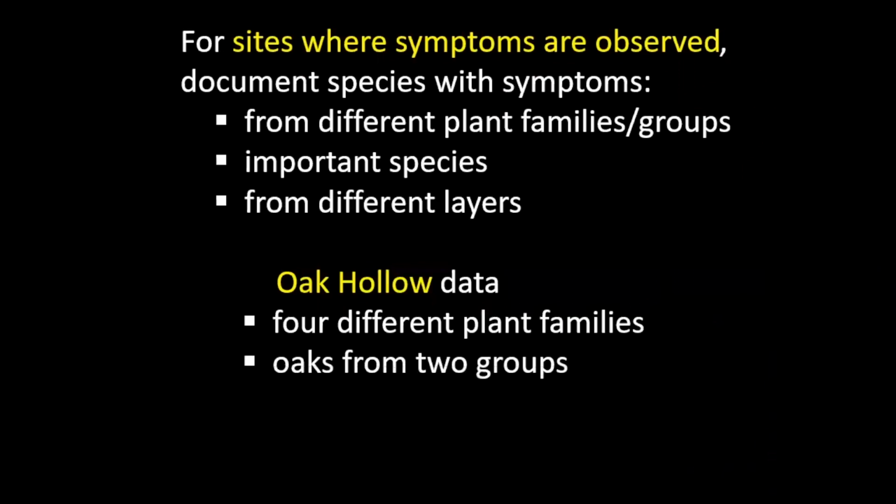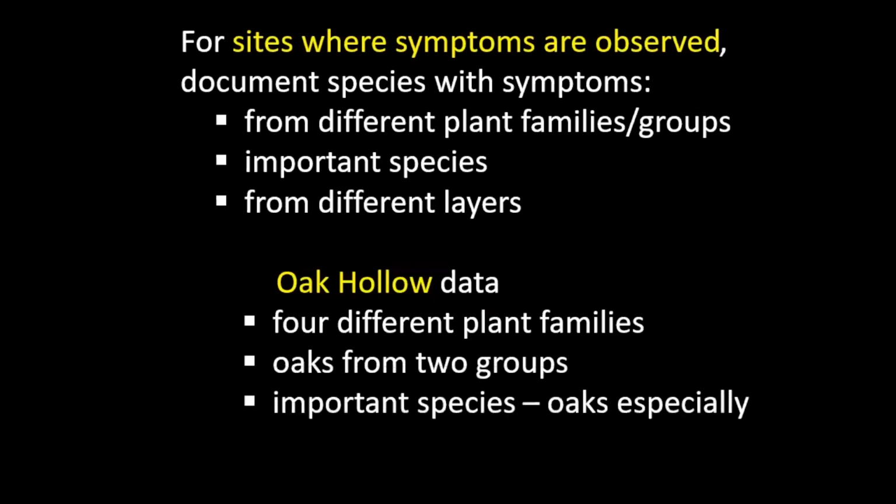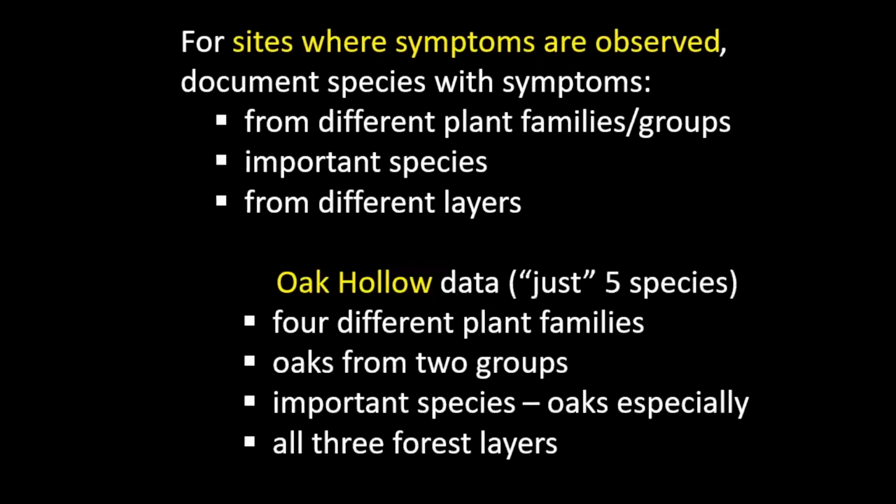We have oaks from 2 separate groups of oaks. We have important species monitored, in this case, especially oaks. And finally, we have data for species in all 3 forest layers. And that's a pretty good characterization. And we've done that by monitoring just 5 species.